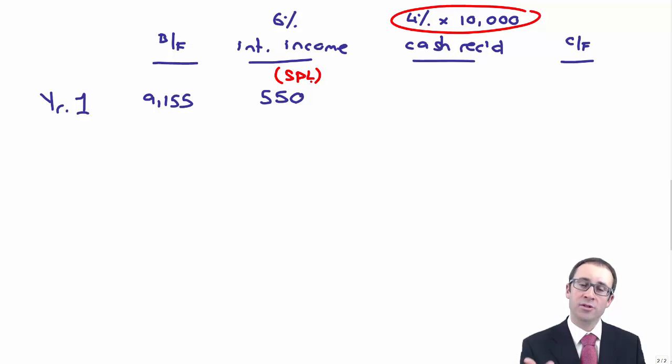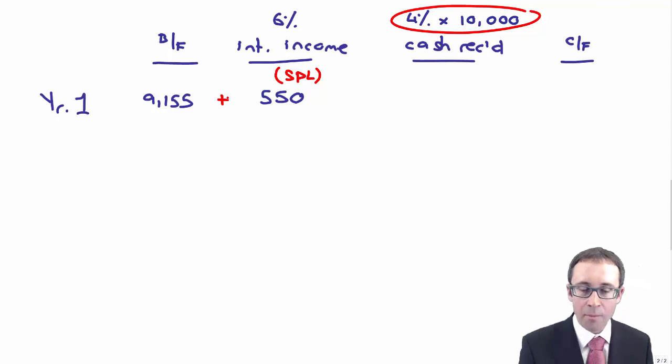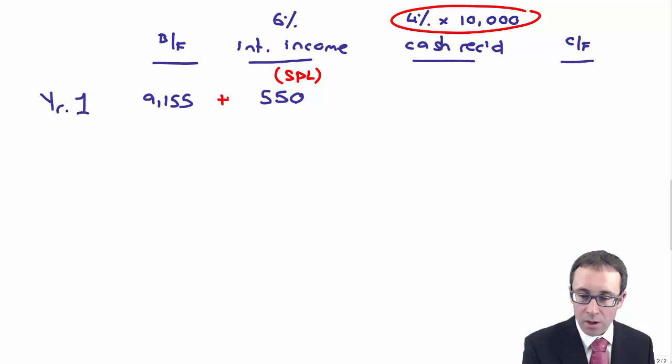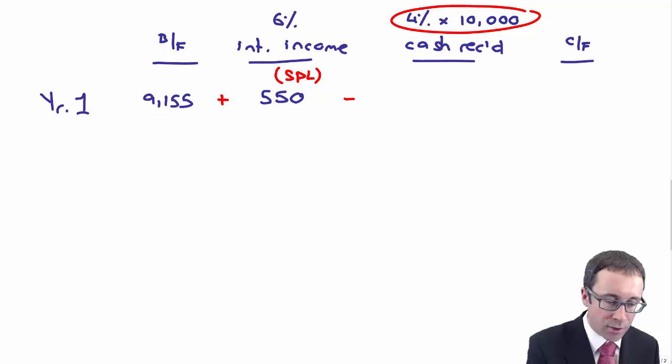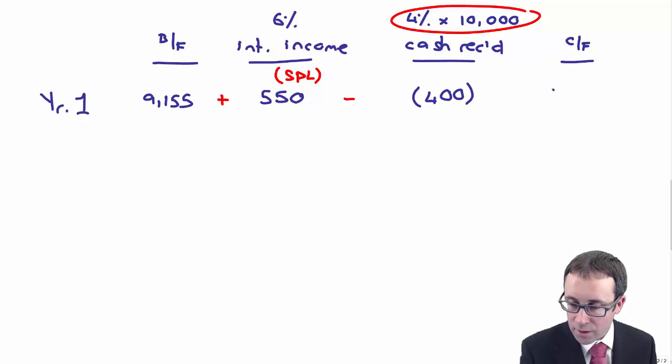Don't worry about the journal entry at this moment in time. Okay, we'll talk about that at the end. But that 9155, we add the 550. We then go through there and deduct the cash received, which is 400, which gives me 9305.